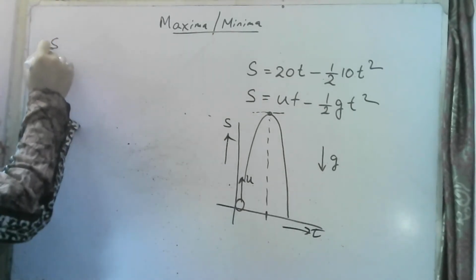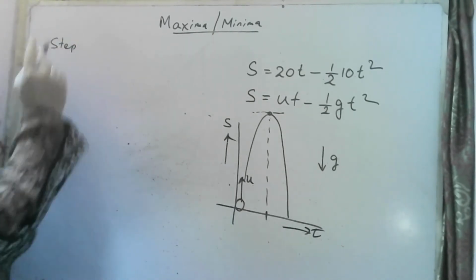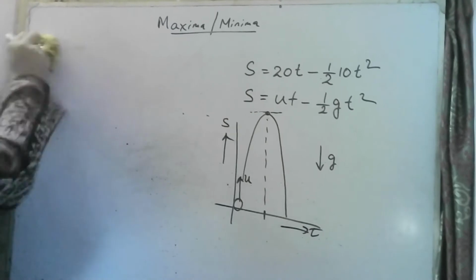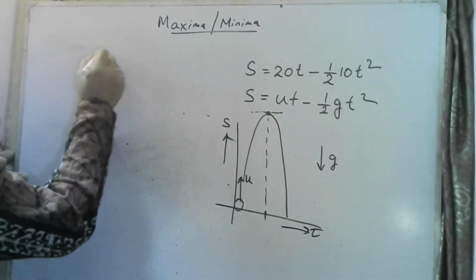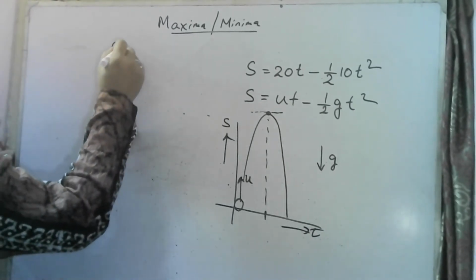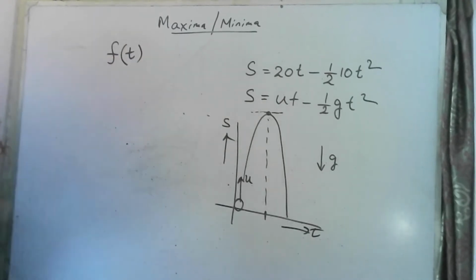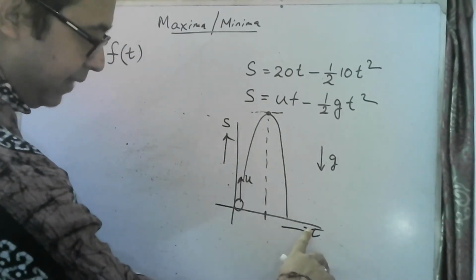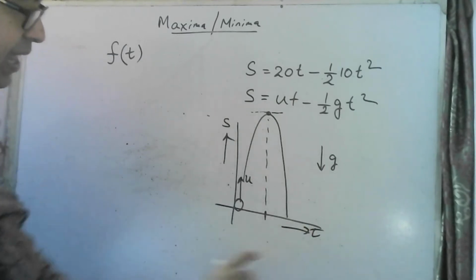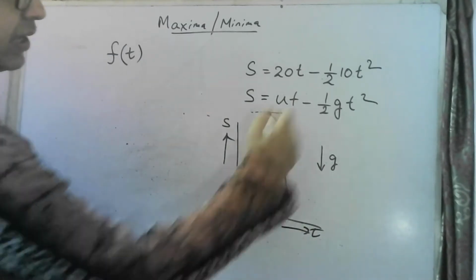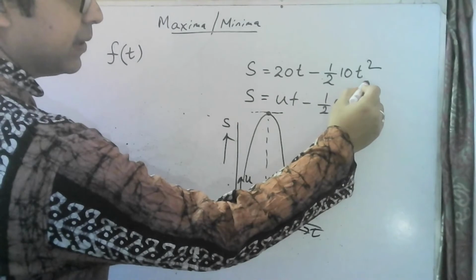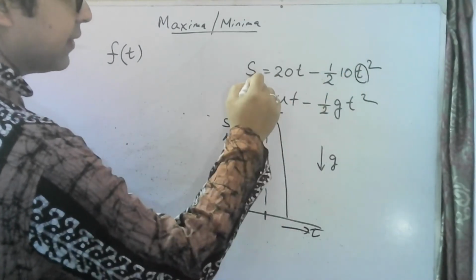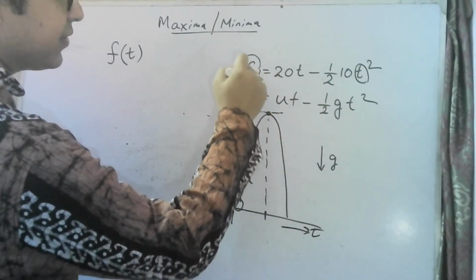Step one. You will first be given a function, let's say a function of t. This t is the primary, independent variable, and this is the dependent variable. With this independent variable, the dependent variable is varying.